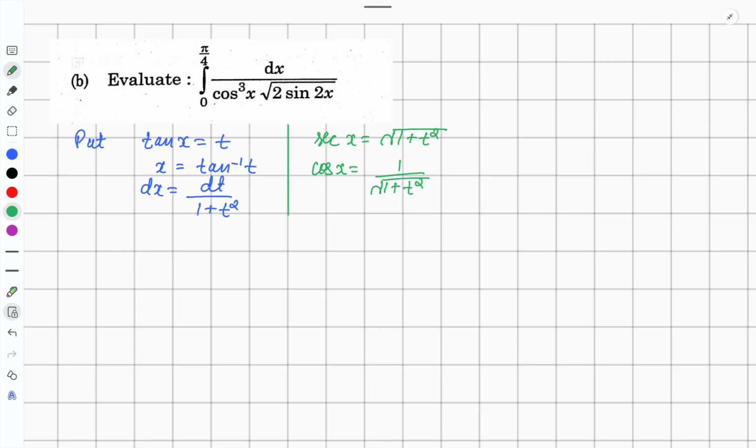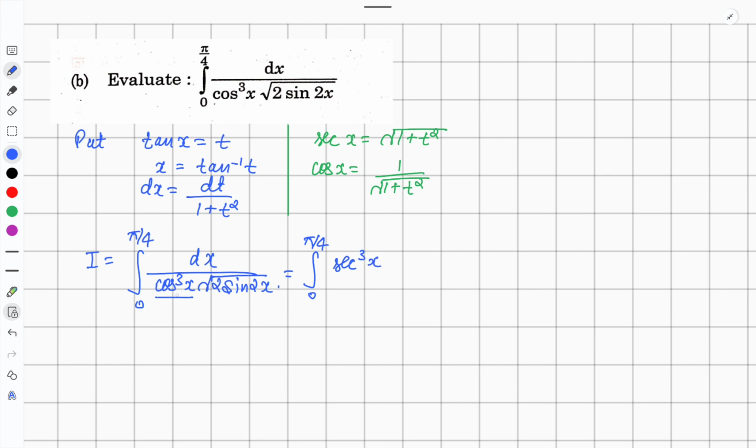So if I write the integral properly, I is equal to 0 to pi over 4 dx divided by cos cube x root of 2 sine 2x, which is equal to 0 to pi by 4 secant cube x.